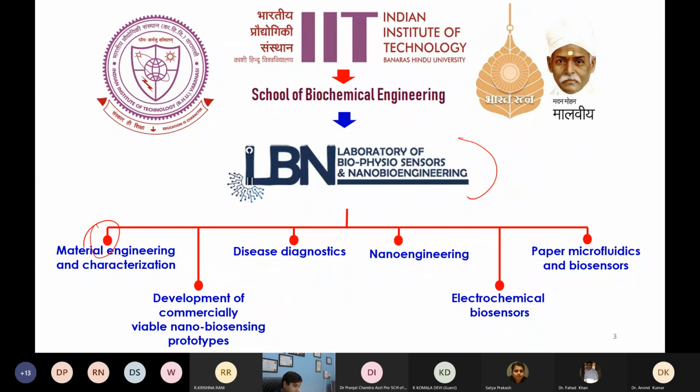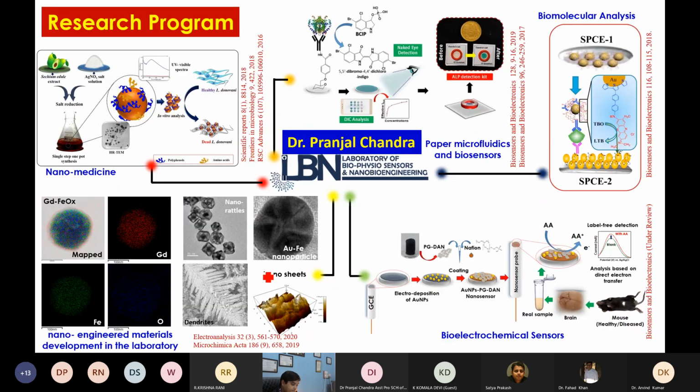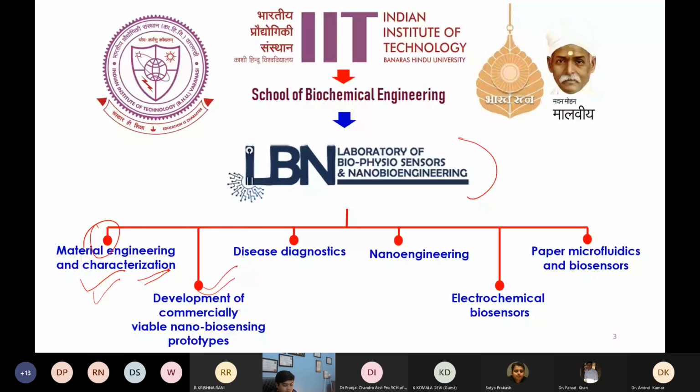So, first point: what we study in my lab. The first is material engineering. Without material, we cannot go for development of sensor systems. Another is commercially viable sensor prototypes. We have developed three to four of those.